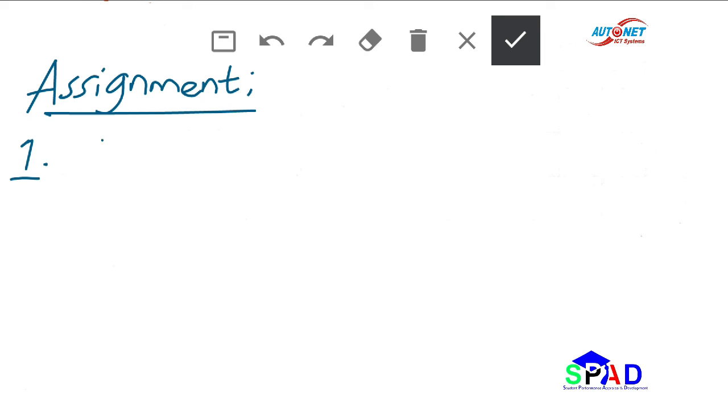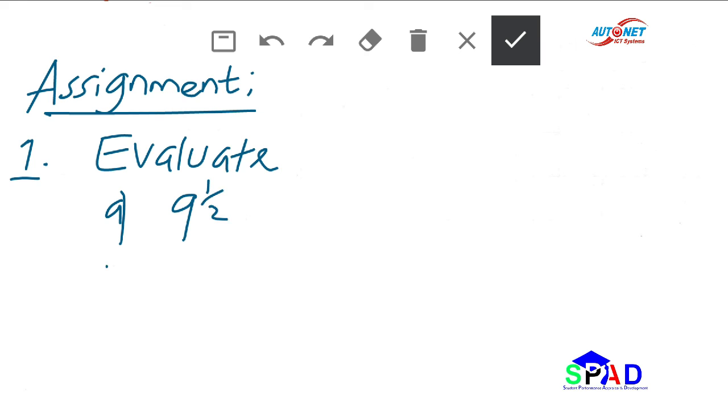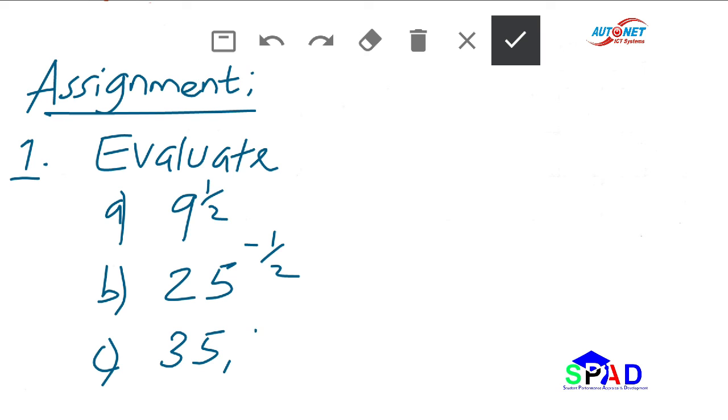The first one is to find the numerical value of, so evaluate: A, 9 to the power half; B, 25 to the power minus a half; C, 35,769 to the power 0.